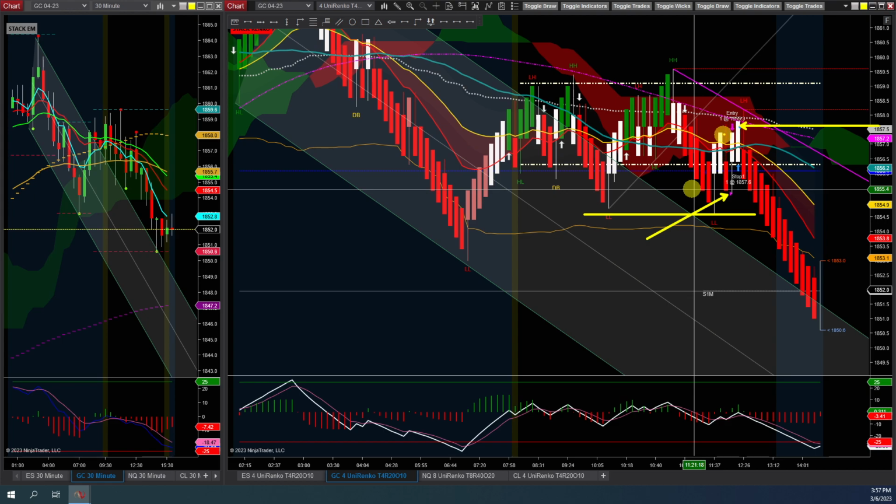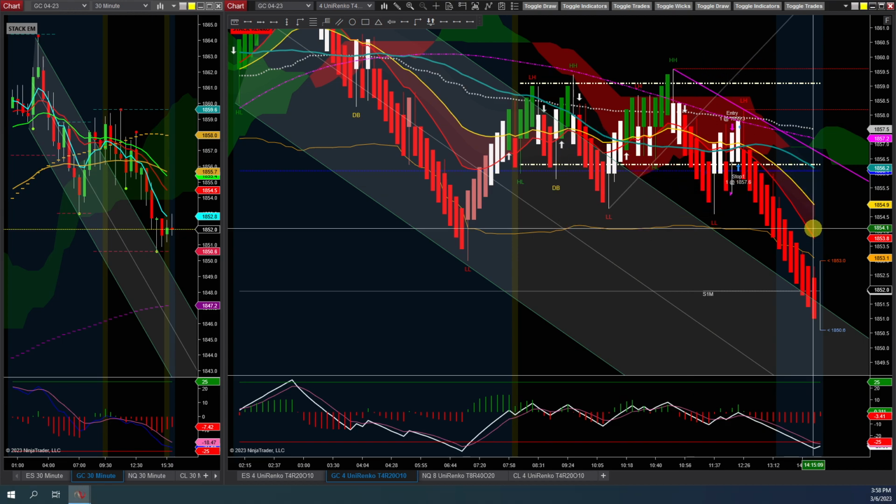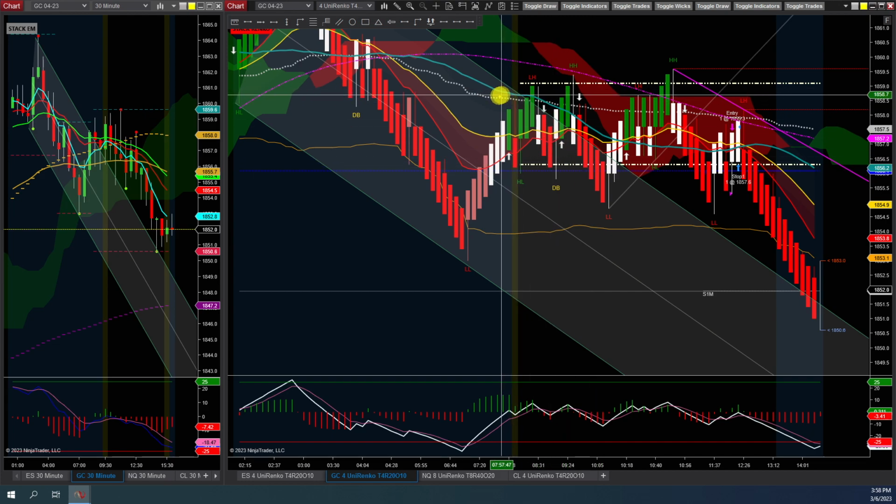So I saw this week out of the cloud, week out of the moving averages. Moving averages were coming down, but then it reversed and went back into the opening range, which is these two lines you see here, right? This one here is the opening range, right there and right there.